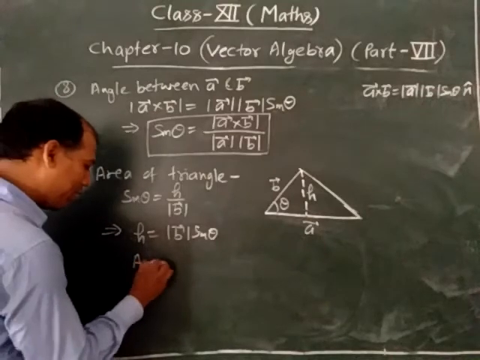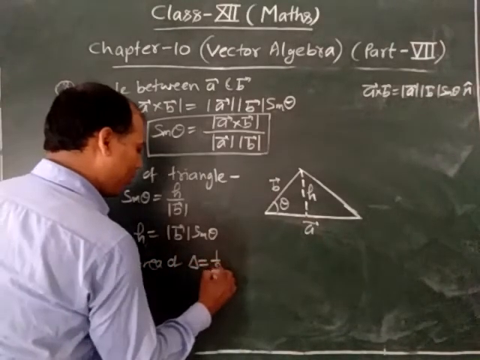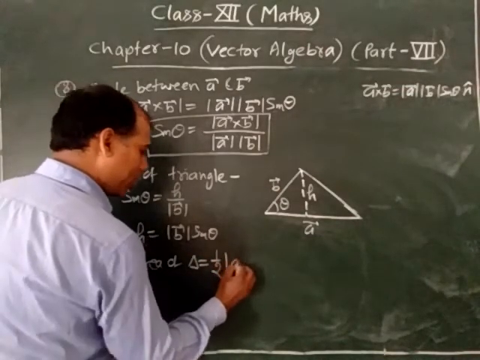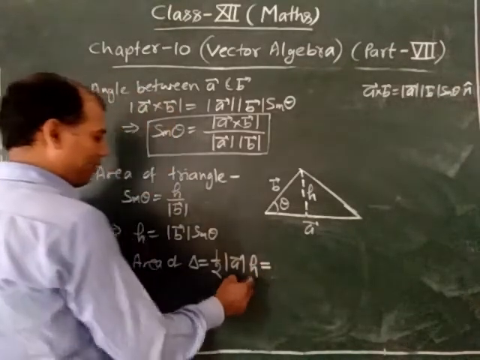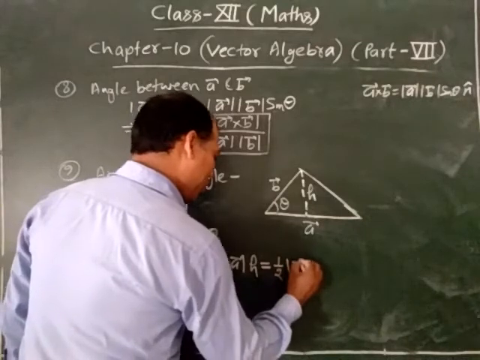Then the area of the triangle is equal to 1 upon 2 base into height. Base means the modulus of A into h, and the value of h is mod B sin theta. So what do we get?